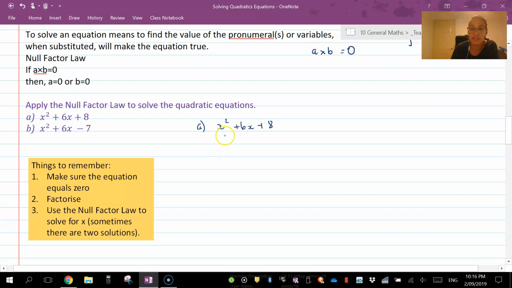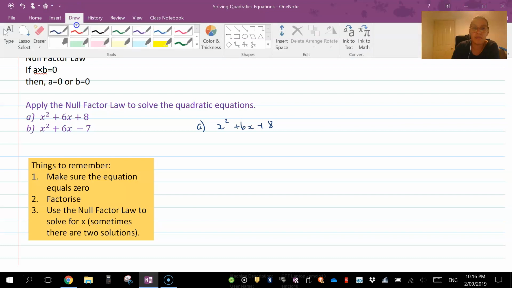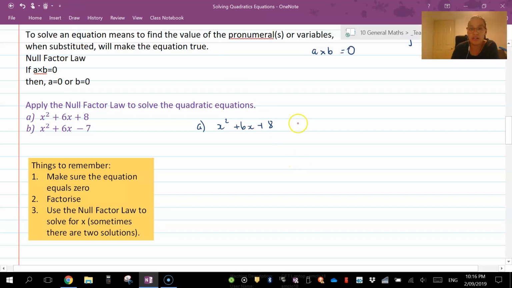Now I'm going to factorize this. My two numbers need to add to 6 and multiply to 8.